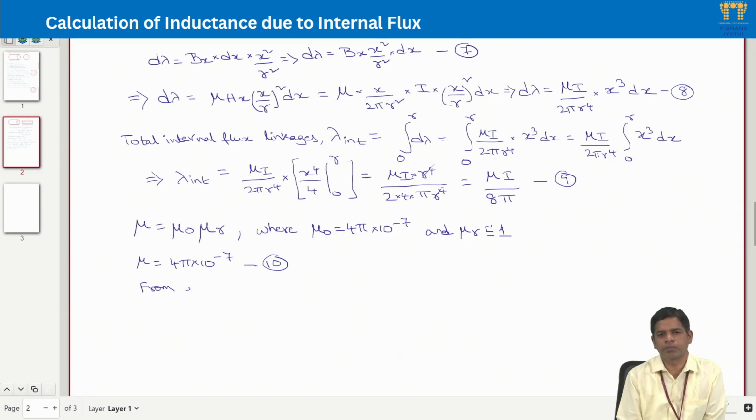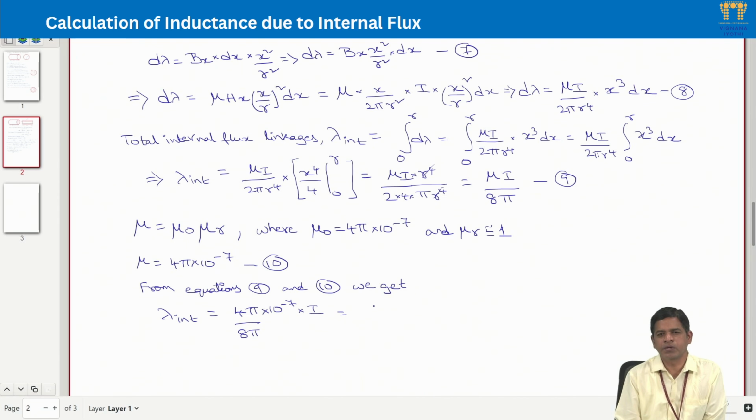so from equations 9 and 10, we get lambda internal is equal to 4 pi into 10 power minus 7 into I divided by 8 pi.